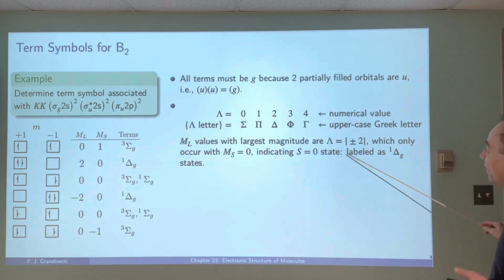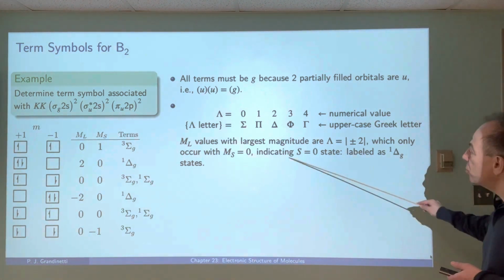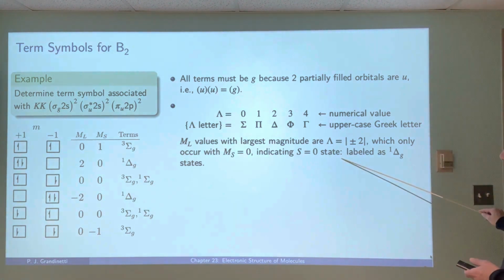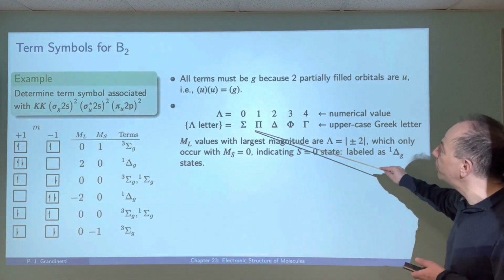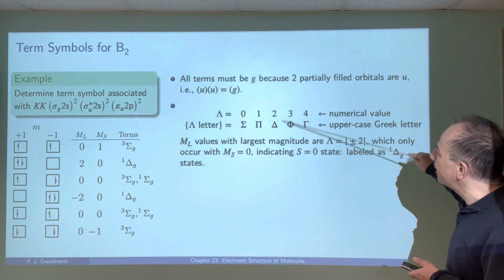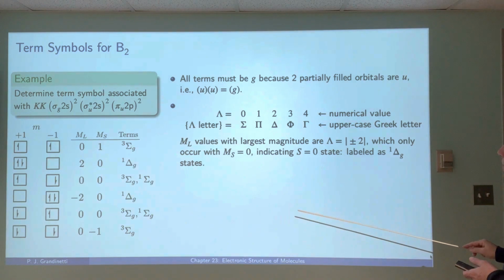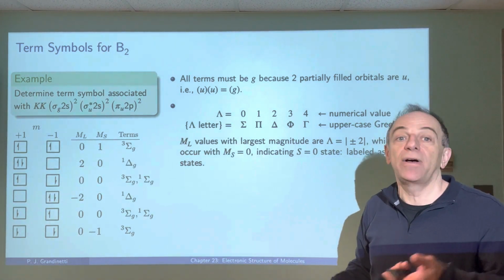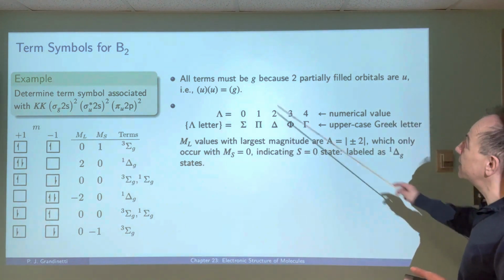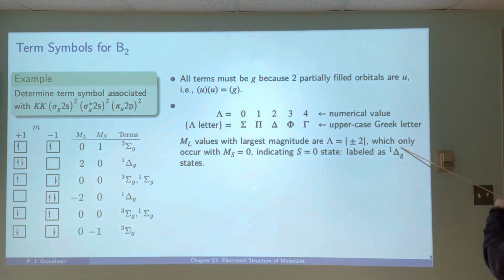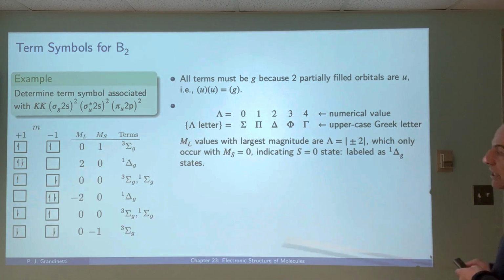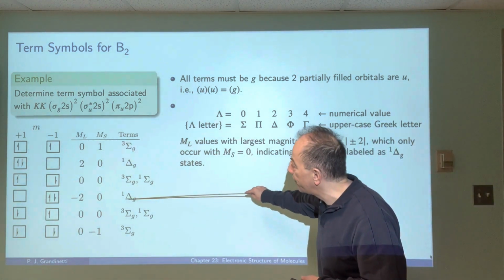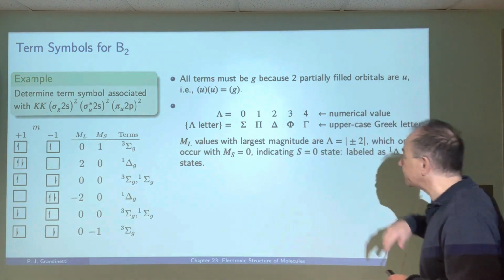So that means that we have a lambda of 2 case associated with an S of 0 case. With lambda of 2, we are going to pick delta for the symbol. With S of 0, we have a spin multiplicity, that's 2S plus 1, so that's going to be a singlet. And since we've already decided it's G, then that's going to be a singlet delta G.